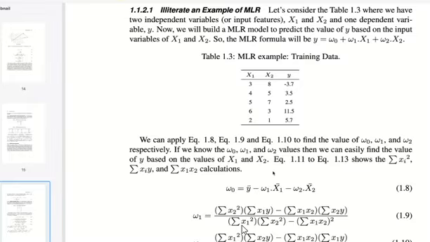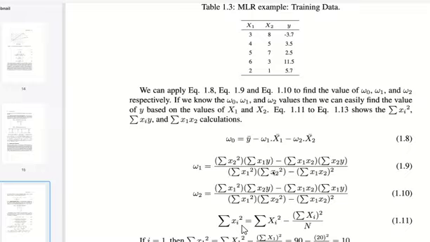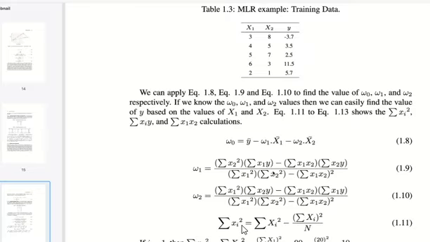If you look at table 1.3, you can see we have two independent variables x1 and x2 and one dependent variable y. This is the data we collected from the past. Based on this data, we want to predict y for any value of x1 and x2. We can use equation 1.8 to find the intercept, same as the previous one.